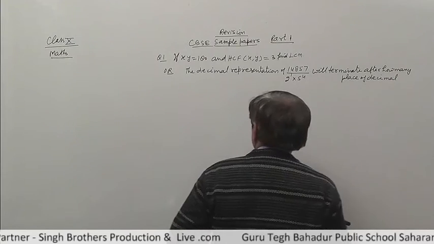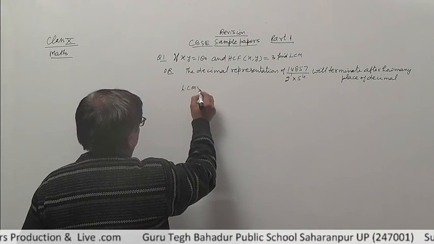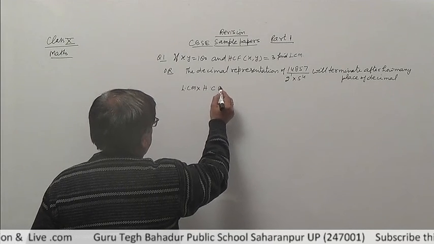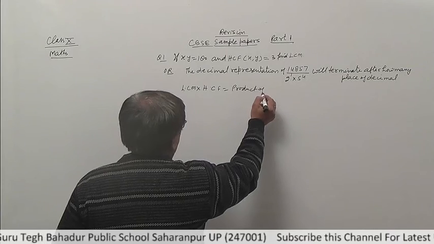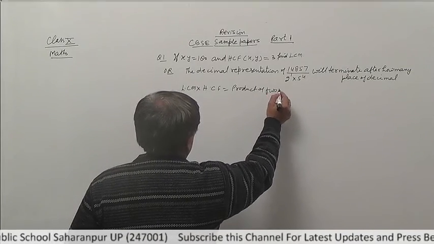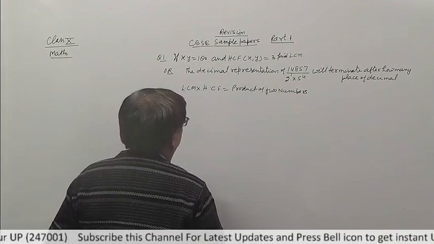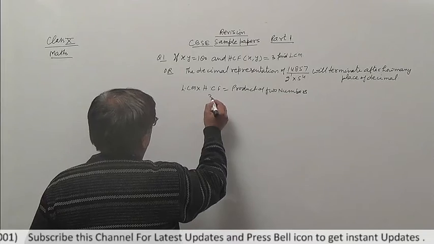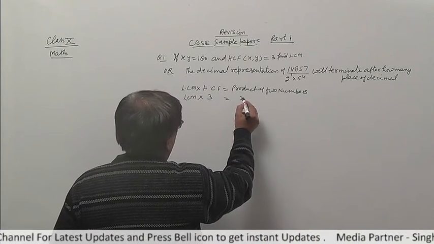Let us see. We know that LCM into HCF is equal to the product of two numbers. HCF is given to you, 3, LCM is this, numbers are x into y.